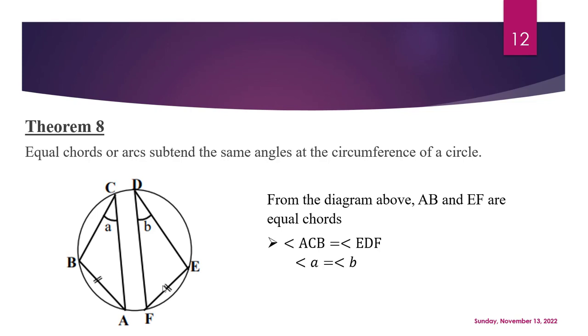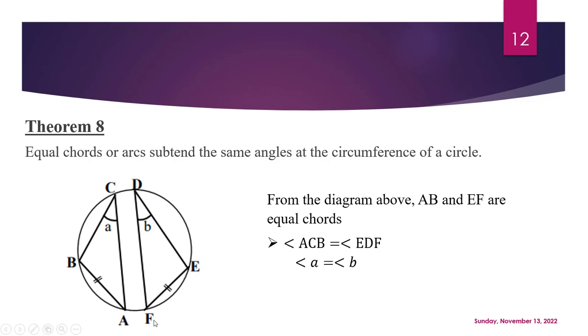This implies that angle ACB is equal to angle EDF. And therefore, angle A is equal to angle B. So this diagram explains the 8th theorem, which states that equal chords or arcs subtend the same angles at the circumference of a circle. So we have chord AB and chord FE.